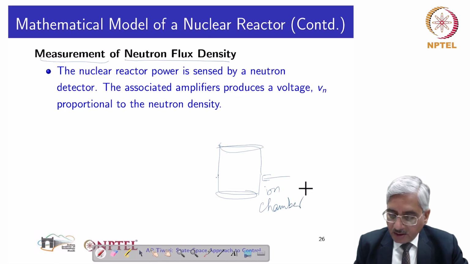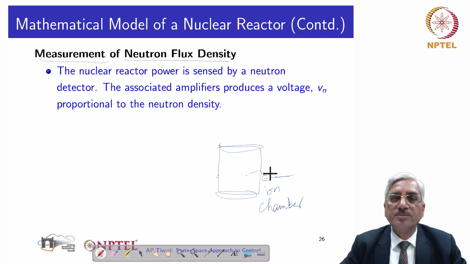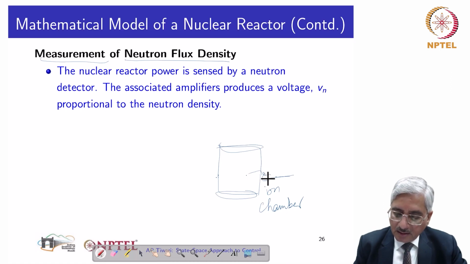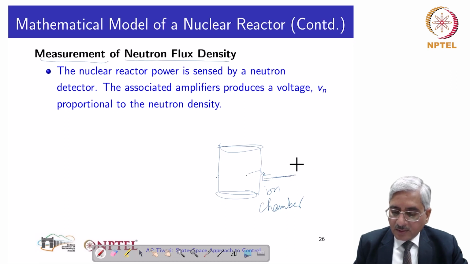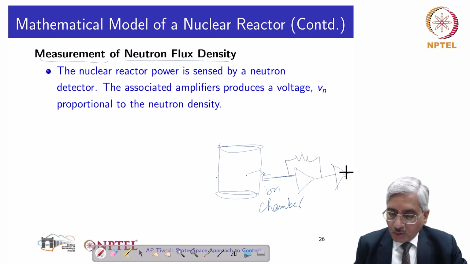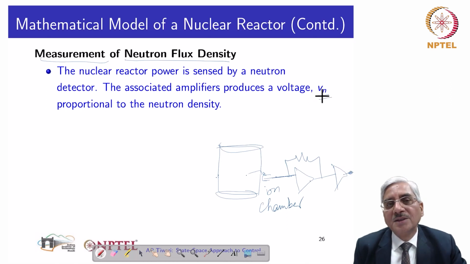And this ion chamber gives current proportional to the incident neutrons in its chamber. These neutrons interact inside the chamber. The material selected in the chamber is such that the neutrons cause current through either emission of alpha or beta or neutron further. And that current is converted to voltage and amplified.